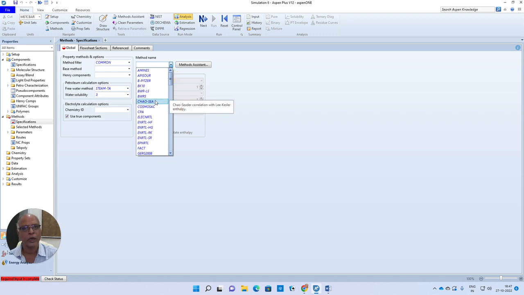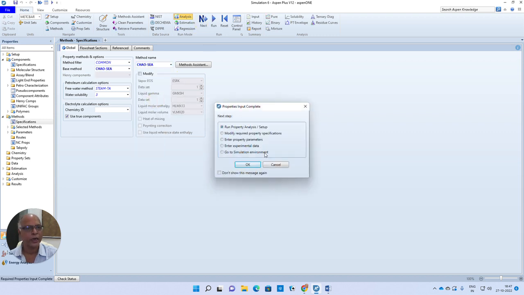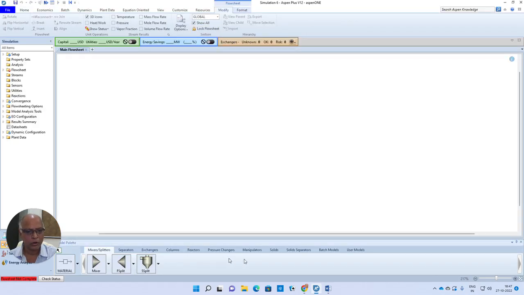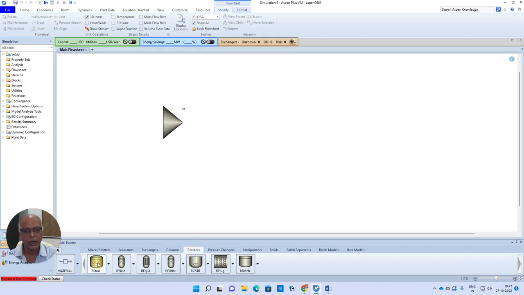So select from property model. Next, go to simulation environment. As you can see, we are using a mixer wherein both the feeds are getting mixed and the combined feed is entering into a reactor. We were given the conversion, so we use a stoichiometric reactor. Okay. So let us connect the input and output streams.